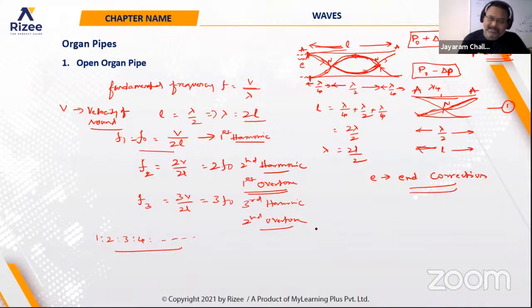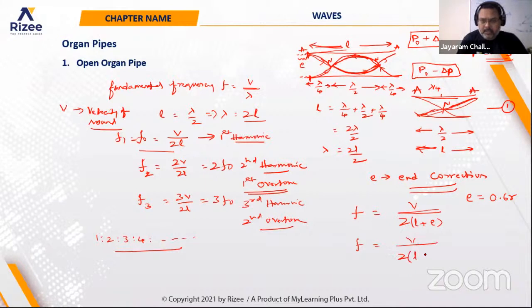So if you also consider this end correction, then the fundamental frequency in the open pipe can be written as v divided by 2 times L plus E. And the relation between the end correction and the radius of the pipe can be written as E is equal to 0.6 times R. If I replace that, then the fundamental frequency will turn out to be v by 2 into L plus 0.6 R, where R is nothing but the radius of the pipe, of the organ pipe or whatever it may be.